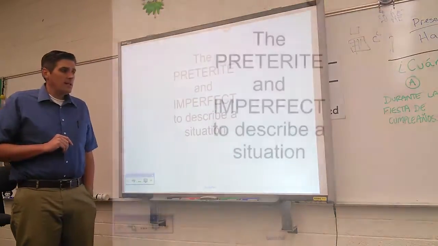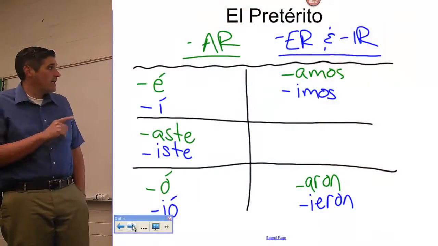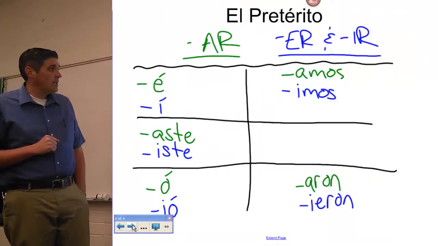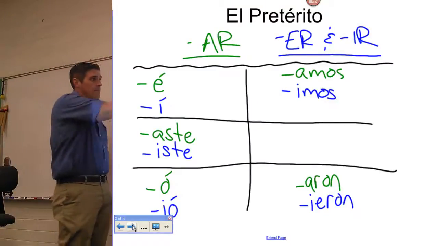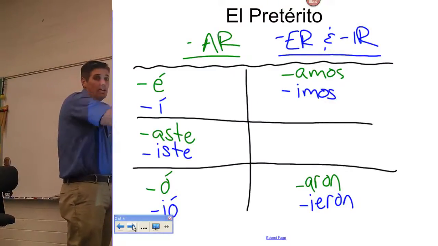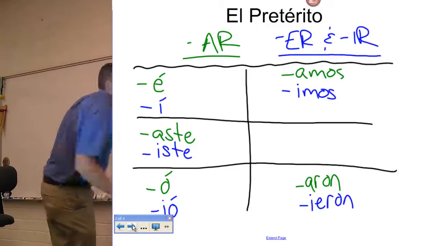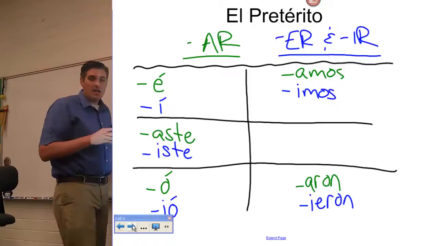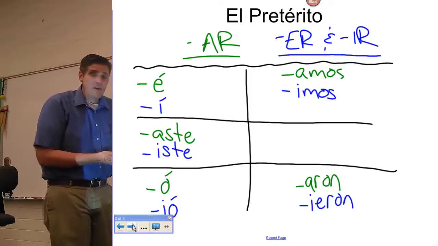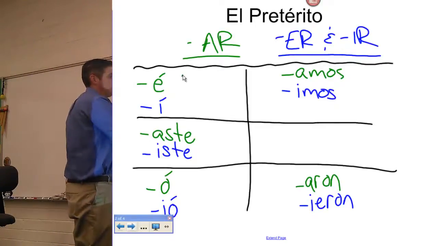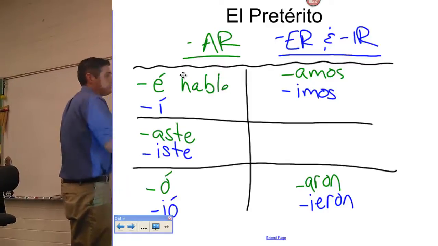Before we do that, let's just take a quick glance at the preterite. You'll recall that the preterite has these endings. The AR are in green. So like a verb like hablar, and you want to say I talked. Yesterday I talked with my friend. It would be hablé. Okay?